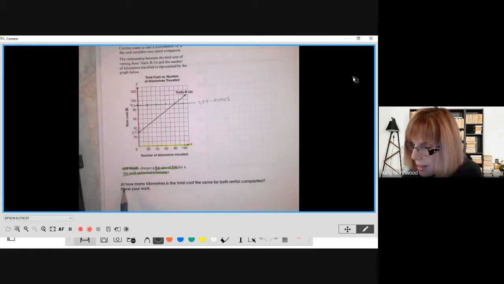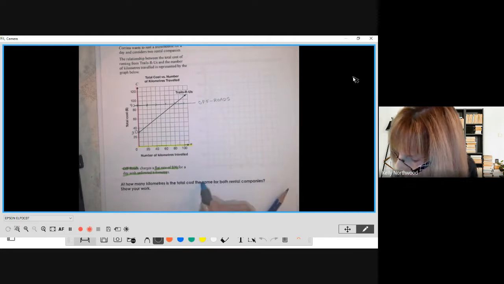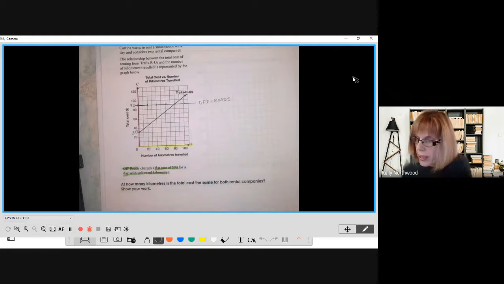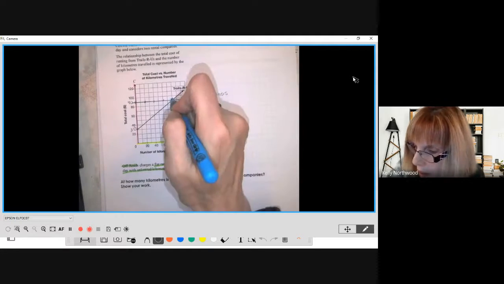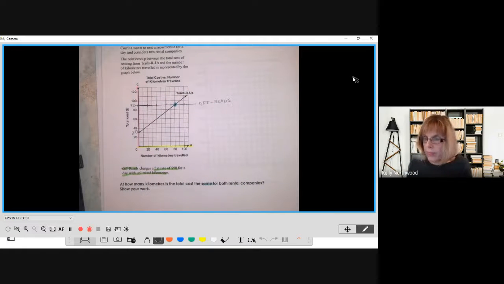And it says, at how many kilometers is the total cost the same for both rental companies, show your work. So you can see that this line and this line only have 1 point in common, and that's right there.